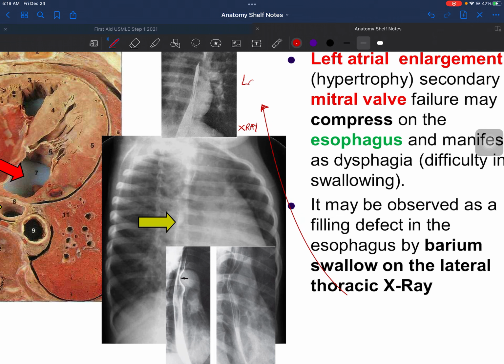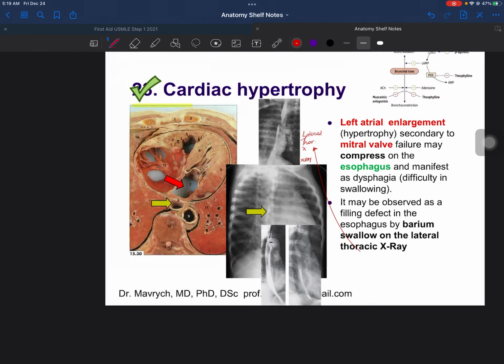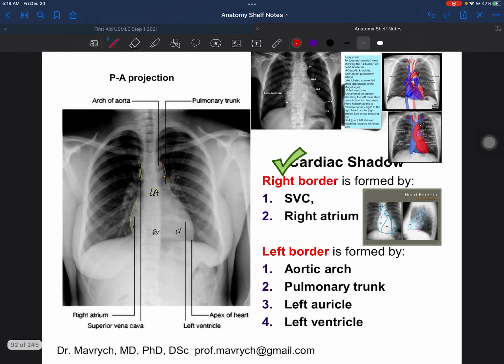This is the lateral thoracic x-ray. I'm just going to put an X there so we can see what it is. So this is lateral. Great, I got it.